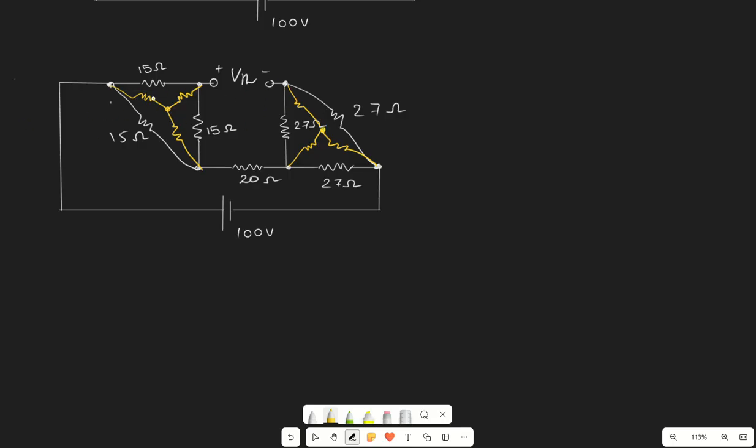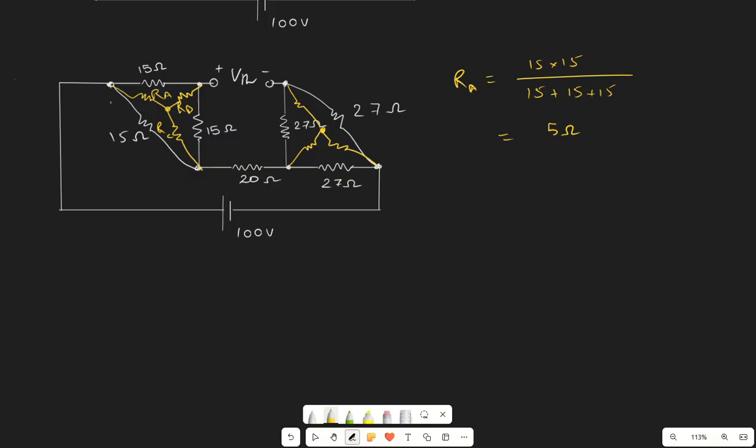After converting, since all the resistances are 15 ohm, suppose we solve for one resistor, RA, and the others are RB and RC. If we solve for RA, the remaining two will also be the same, since the resistance values are similar. The value of RA is given by the formula we already know: the multiplication of the two adjacent resistances divided by the addition of all the resistances. If we solve this, it comes out to be 5 ohm.